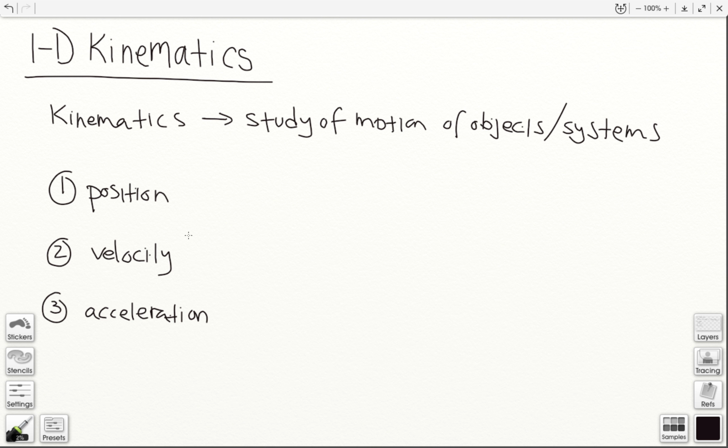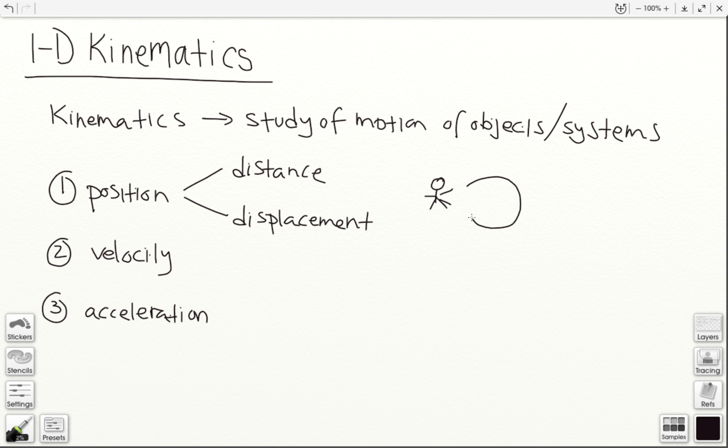So first I want to talk about position. With position, there are two concepts associated with it: distance and displacement. To show the difference between the two, let's say we have a person that runs a lap on a track.